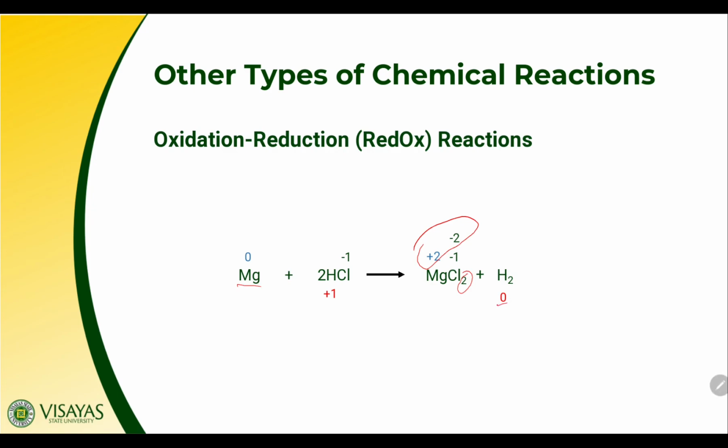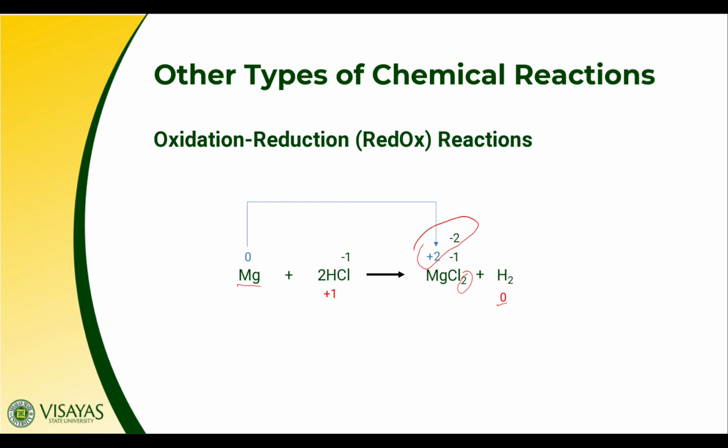Now let us compare the oxidation numbers of the elements on the reactant and on the product side. Let's see if we have a gain or loss of electrons, or if we have a redox reaction. As you can see here, on the reactant side, our magnesium has 0 oxidation number, whereas on the product side, it now has a positive 2.